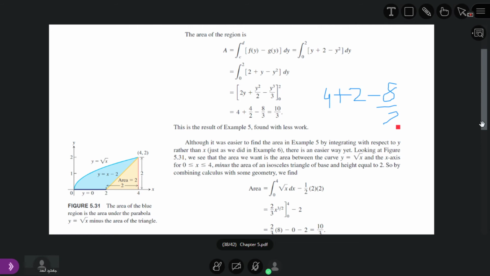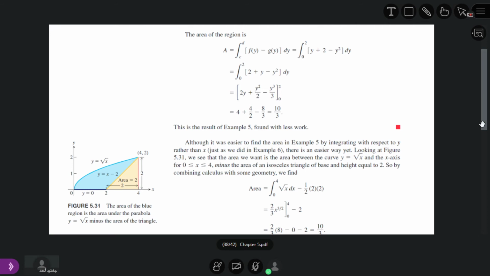This is 6 minus 8 divided by 3. Taking the least common multiple, this is 18 minus 8 divided by 3, which equals 10 divided by 3.